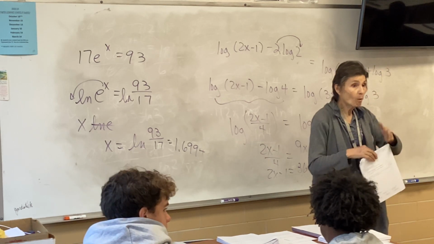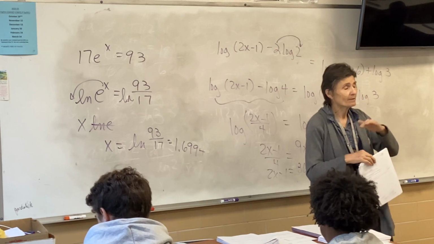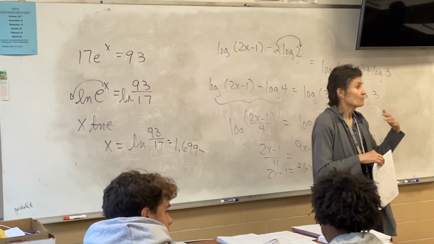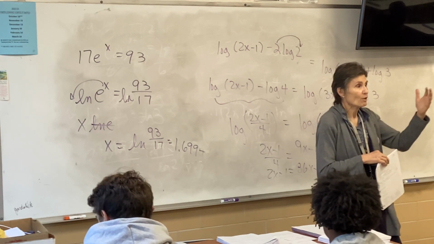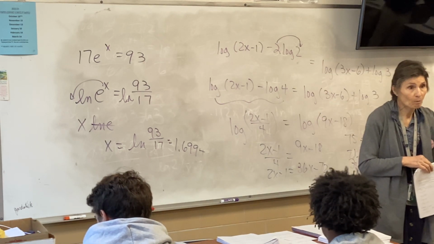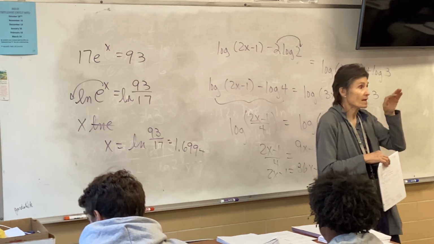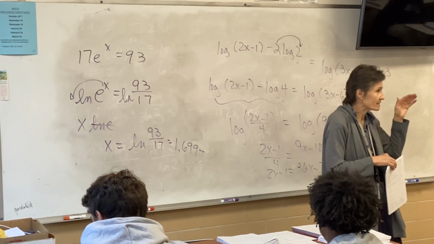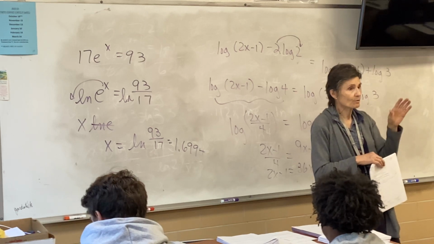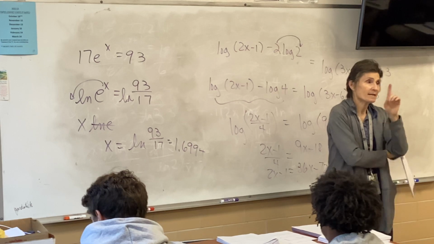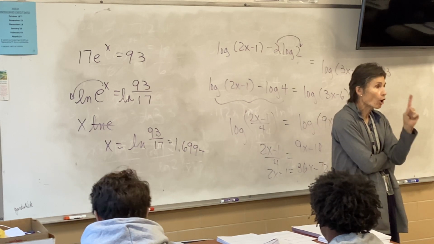And up to this point, I think, in your life, all of your angles have been measured in degrees. Think about geometry. 30, 60, 90. That was degrees. Think about a straight angle is 180. That's degrees. You were measuring in degrees, and degrees are fine. But what you need to understand is degrees are completely arbitrary.